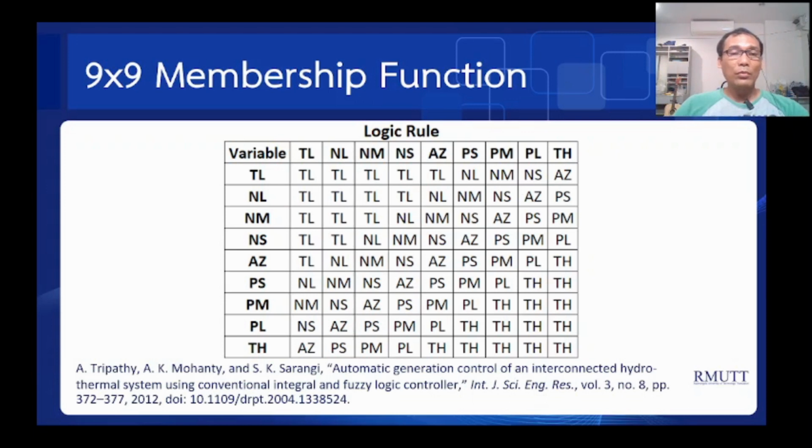To create the membership function, I use the membership function based on the journal entitled Automatic Generation Control of an Interconnected Hydrothermal System using Conventional Integral and Fuzzy Logic Controller. Okay, next we can continue to MATLAB directly.